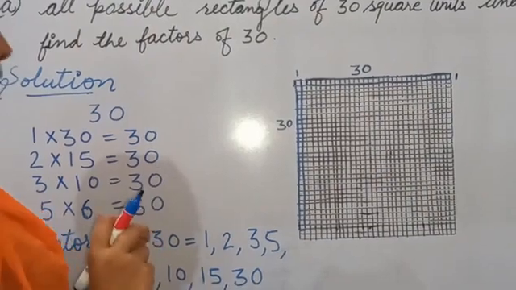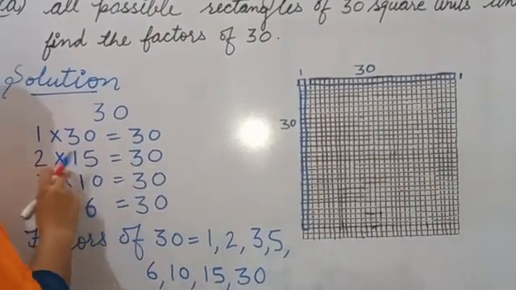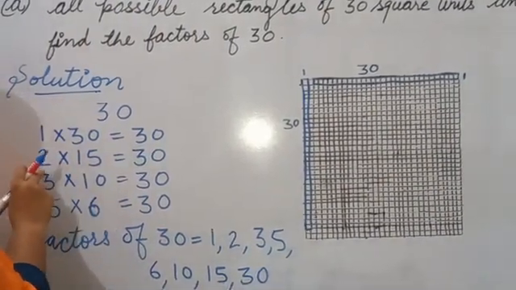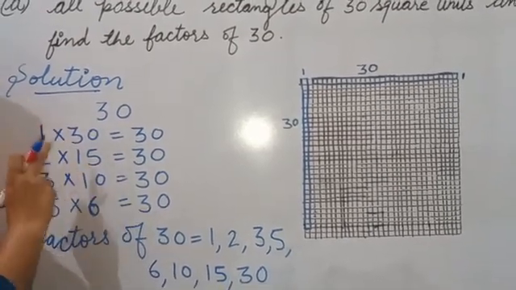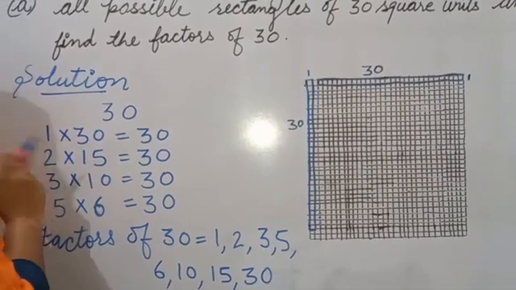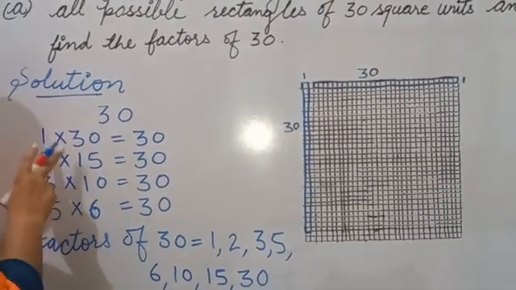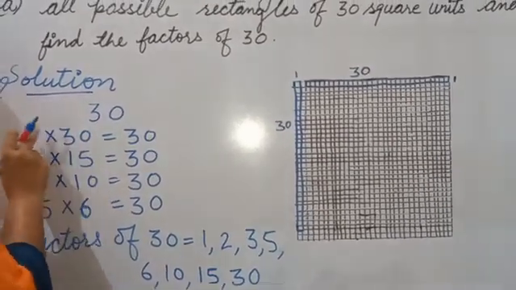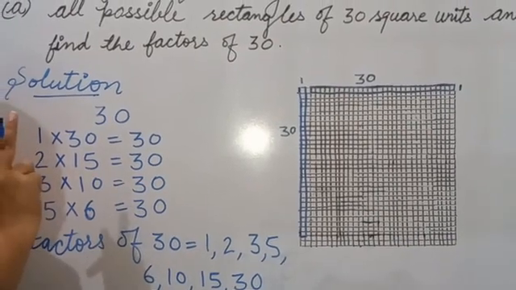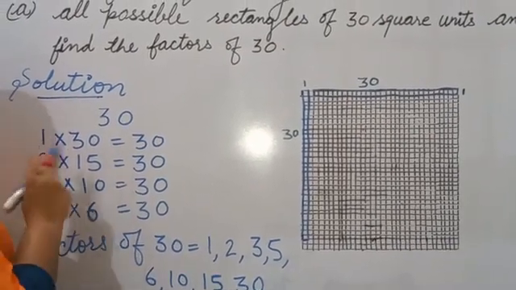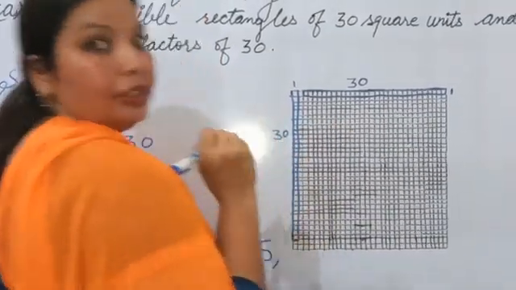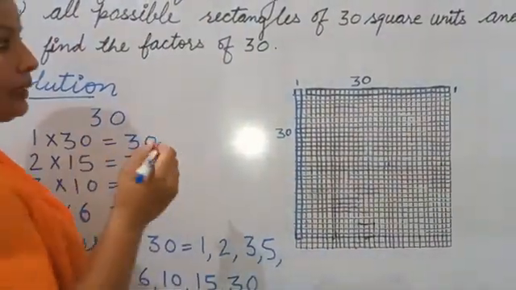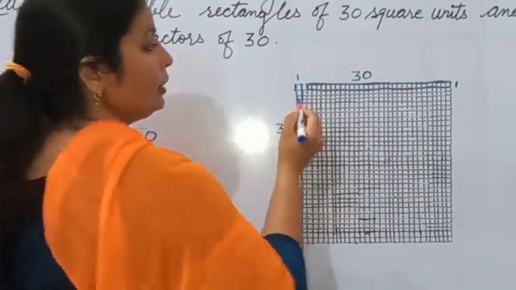Then the second factor pair is 2 by 15, meaning 2 length and 15 breadth. And in one way, 15 length and 2 breadth. We can make each one in 2 ways. So 2 by 15 means we take 2 as length and 15 as breadth. So here we take 2.